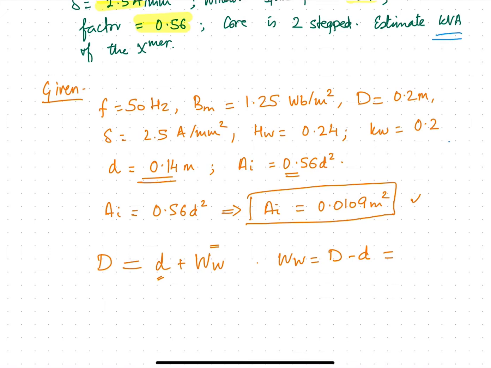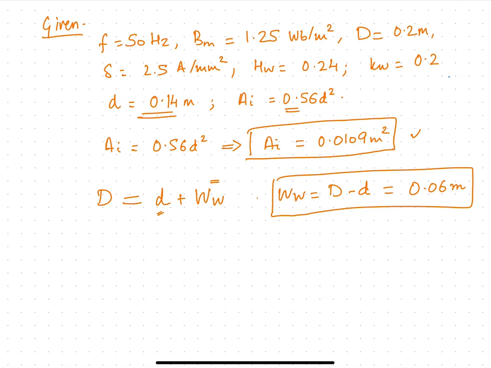Substituting these values, this is 0.06 meters. This is number 2 that we calculate. Now the area of the window AW is equal to HW into WW, and on substituting these values you get it to be equal to 0.0144 meter square.